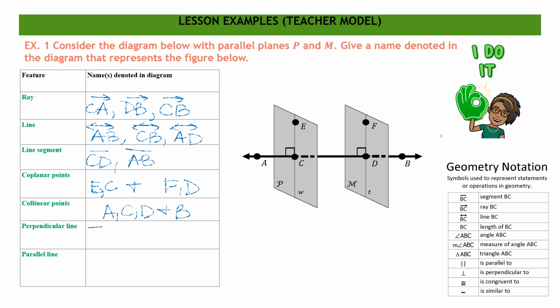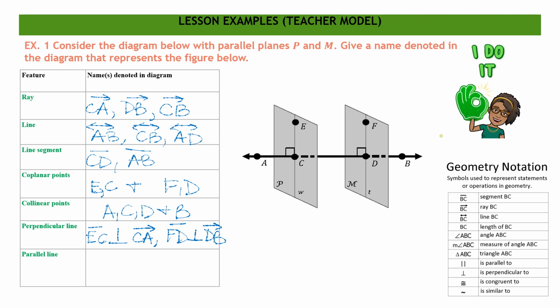I would write line segment EC, and the notation for perpendicular is kind of like an upside down T, and that is perpendicular to ray CA. I also have the same example over here with line segment FD, and that is perpendicular to ray DB.